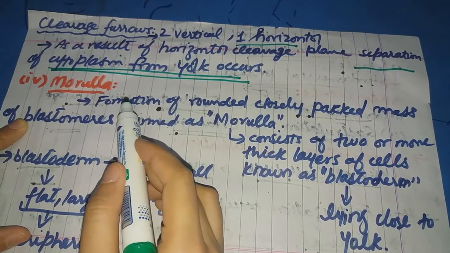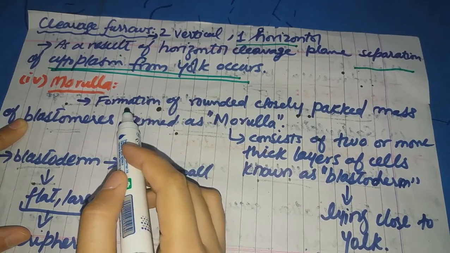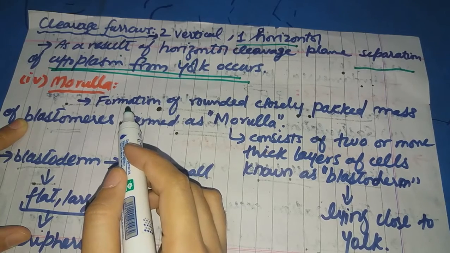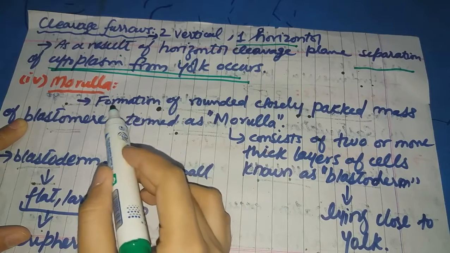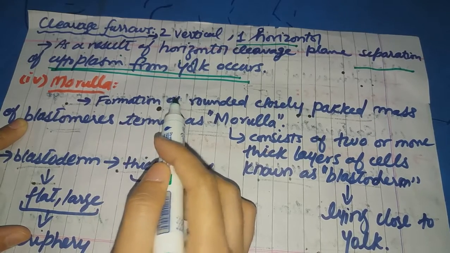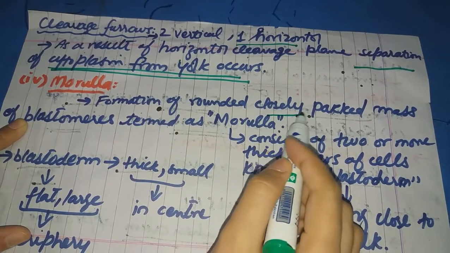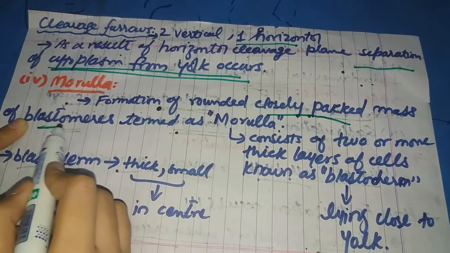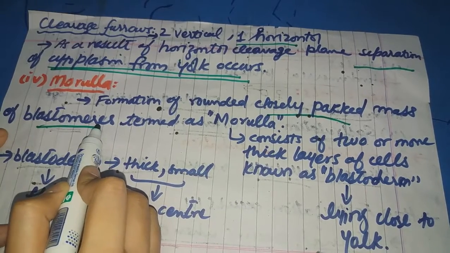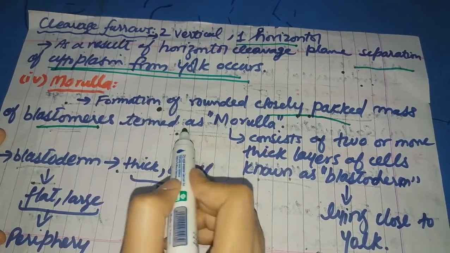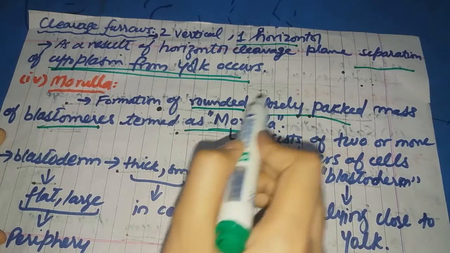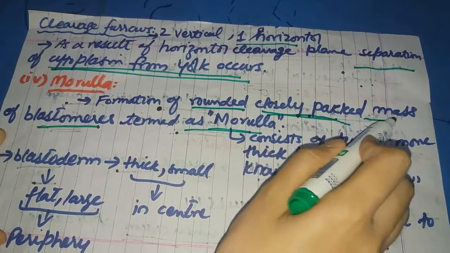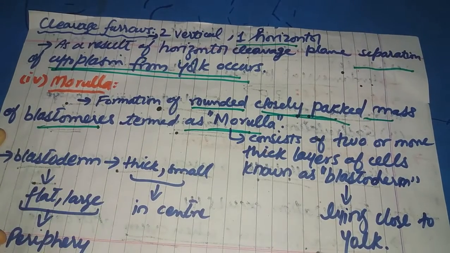In the morula stage, what happens is the formation of the morula. How does it occur? Formation of a rounded, closely packed mass of cells occurs as a result of cleavage.